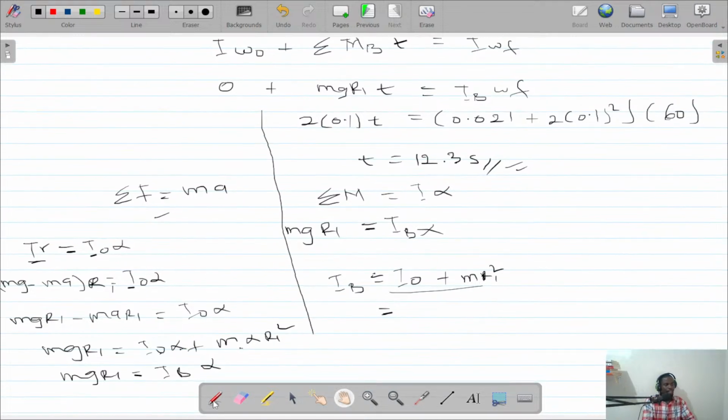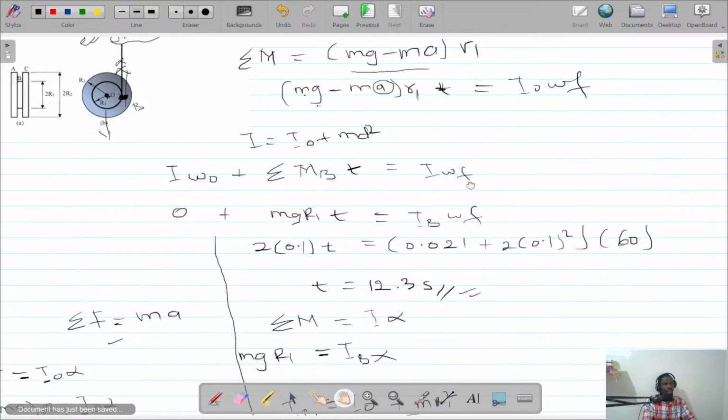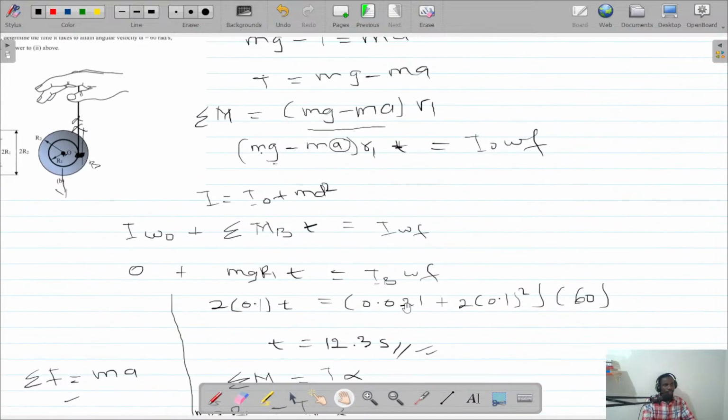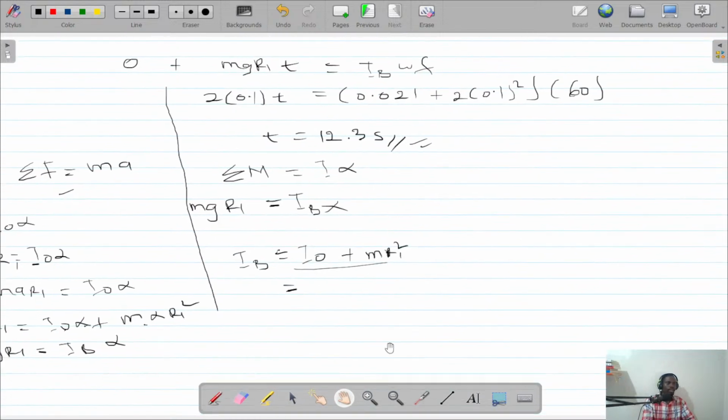Having understood that, we are looking for alpha. Here the I_B we calculated: 0.021 plus 2 times 0.1 all squared. So I_B becomes 0.041.